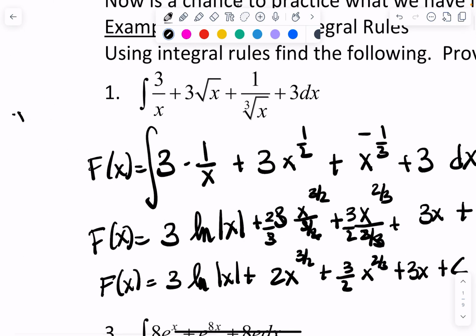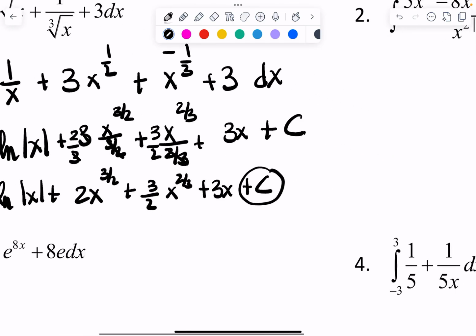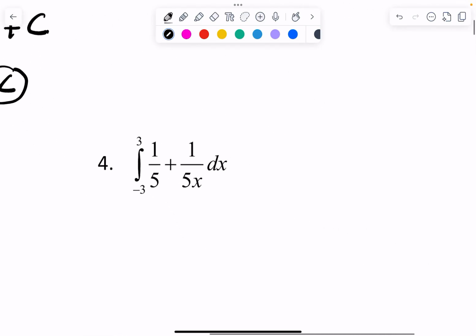And this is called an indefinite integral, right? The reason I know that is there's no numbers here, so we're going to have this c. Let's contrast that with this problem here.